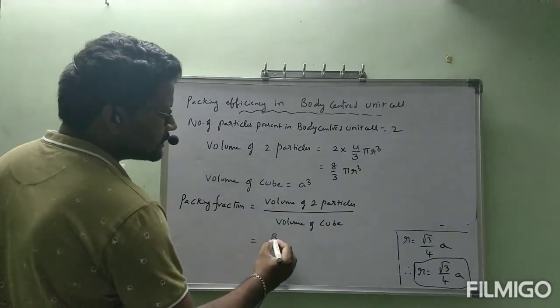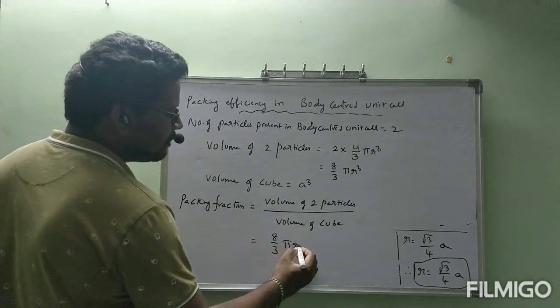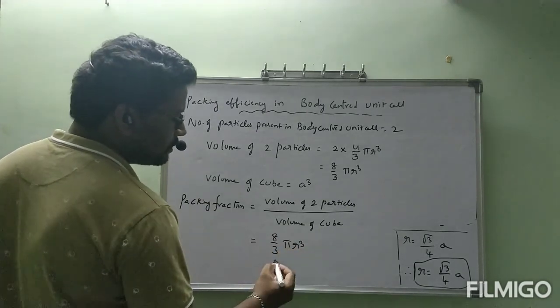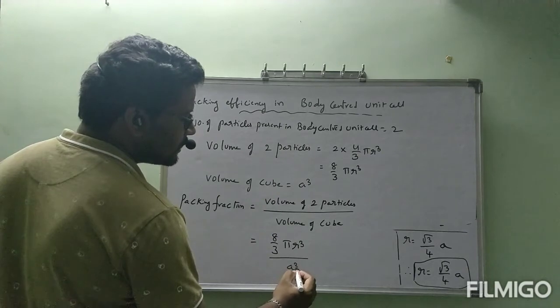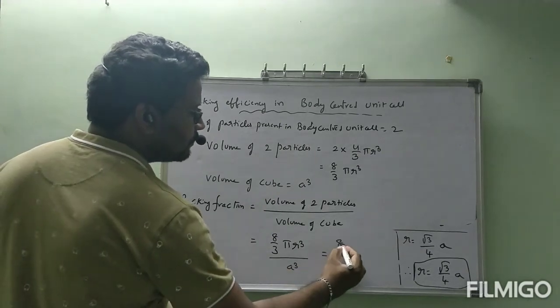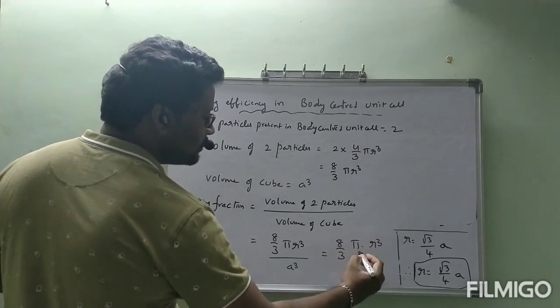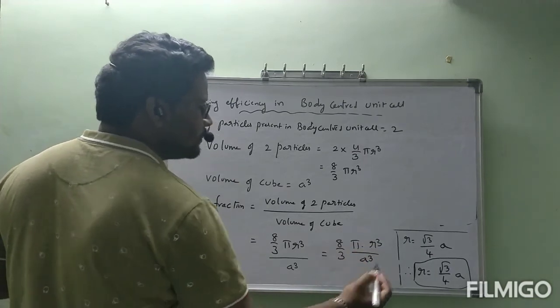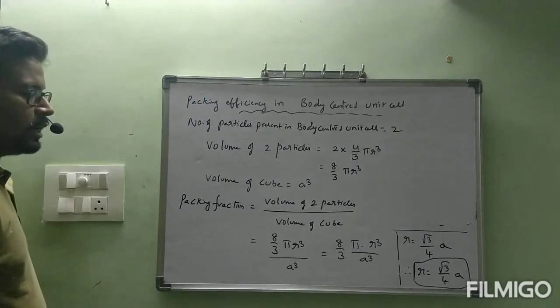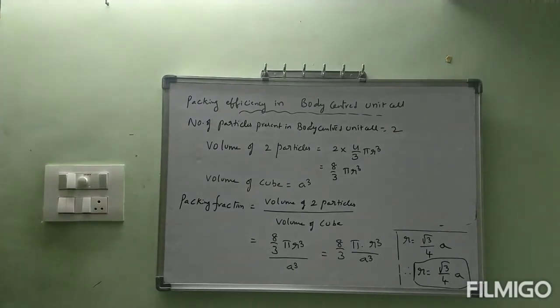Volume of 2 particles 8 by 3 pi r cube divided by volume of cube a cube. This one is equal to 8 by 3 into pi into r cube divided by a cube. That is packing fraction. Now we will substitute, instead of r, root 3 by 4 a.